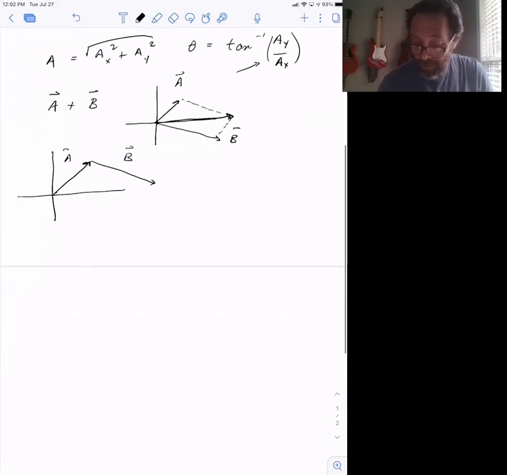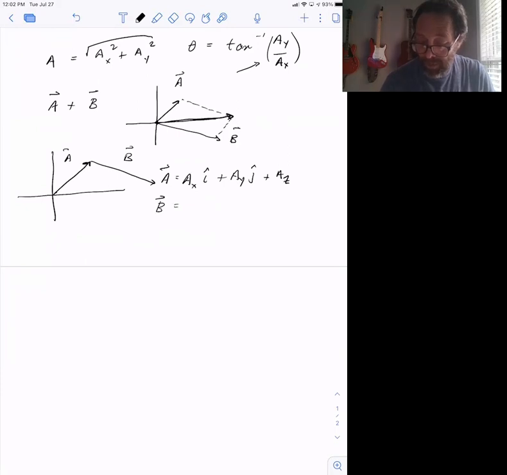And of course, in physics, because we're stressing the analytical form of vectors to be able to do computations with precision, we would write A this way in terms of its unit vectors and B this way, which is bx i hat plus by j hat plus bz k hat.